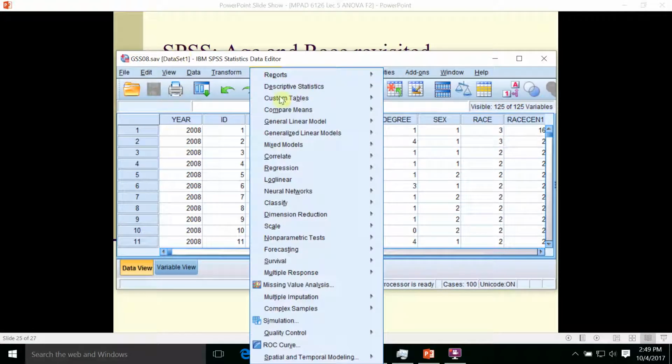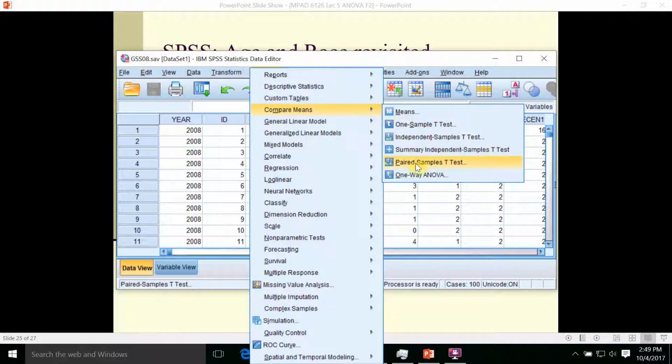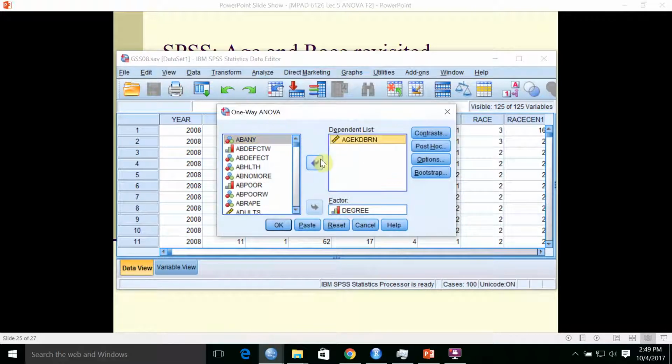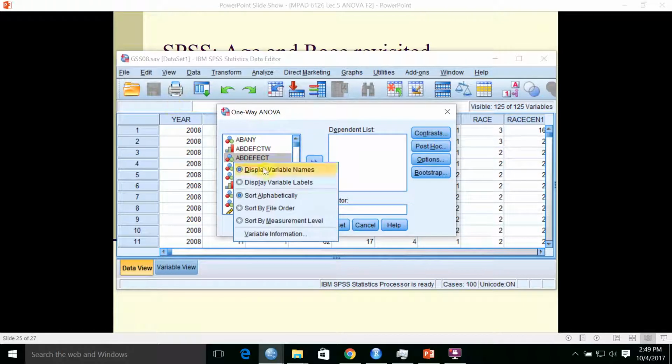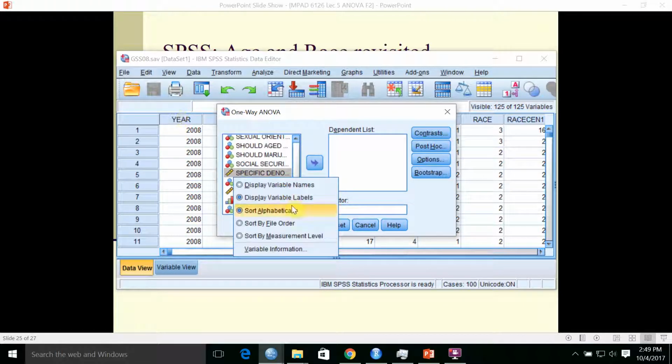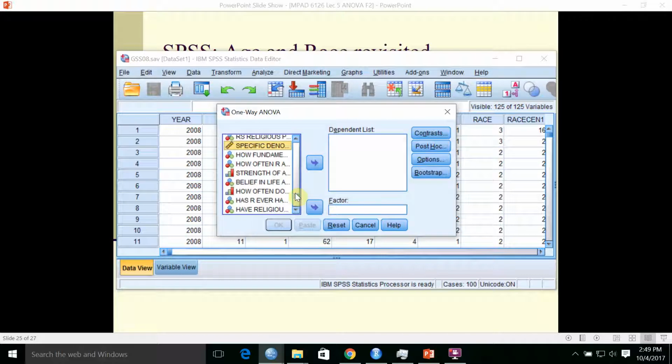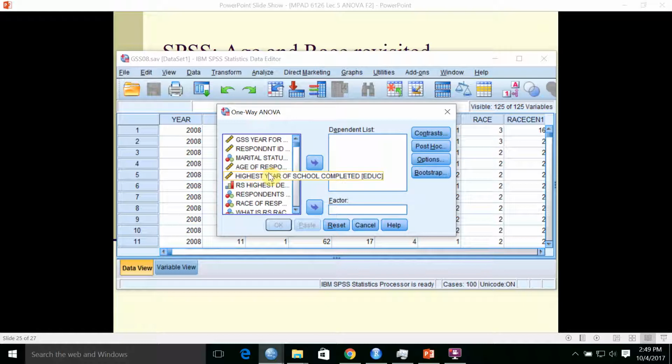All right, so compare means, one-way ANOVA. Let's get rid of the variables that we had earlier about the age at which kids are born, and then we want to put in there the race as the factor, the category, and the age as the dependent variable, so a continuous variable.